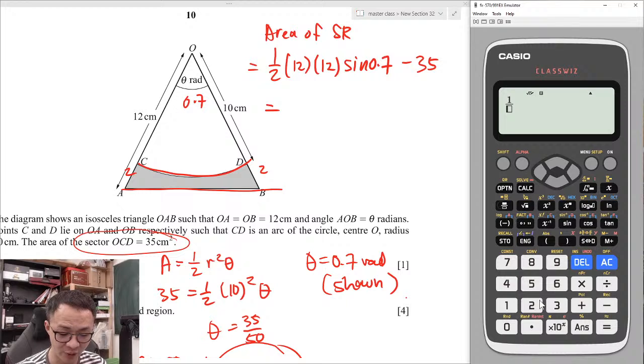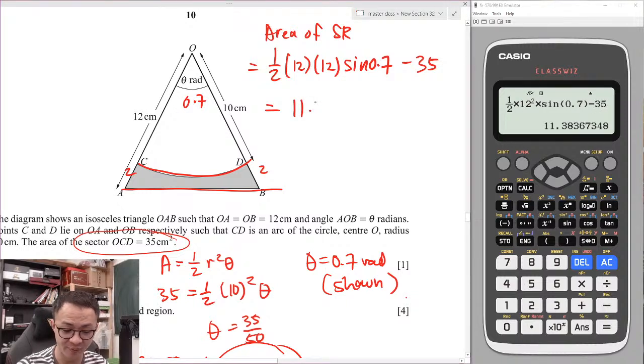So it's 1 over 2 multiplied by 12 squared multiplied by sine 0.7, then minus 35. The area of the shaded region is 11.4 centimeters squared. This is that easy.